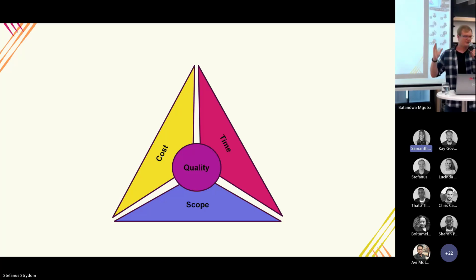Essentially, your solution usually consists within this triangle. You've got your cost, time, and scope. When scope creep comes in and the scope increases, you need to make sure your stakeholders understand that if we don't change the other dimensions of our trusty triangle, the quality might go down, or vice versa, etc.